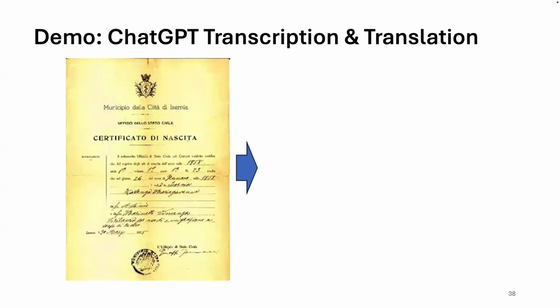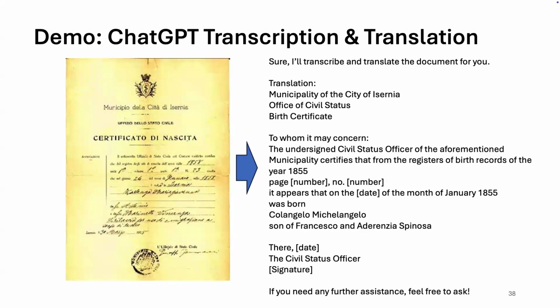So this is interesting. I've got to put Al's grandfather's birth information in here, because his grandfather's from Italy. This happens to be an Italian birth certificate. I just did a Google search and said, show me an Italian birth certificate, and it came up with this. This is all script in Italian. And I said, transcribe and translate it.